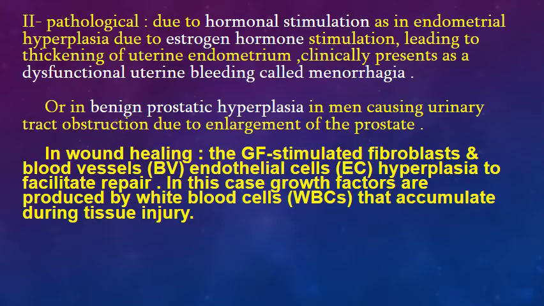Pathological hyperplasia is due to abnormal hormonal stimulation. Actually, it is not due to the normal physiological hormonal stimulation. This is due to hormonal stimulation, as in endometrial hyperplasia, especially in the perimenopausal period. That means especially in females who are perimenopausal, about to reach menopause.